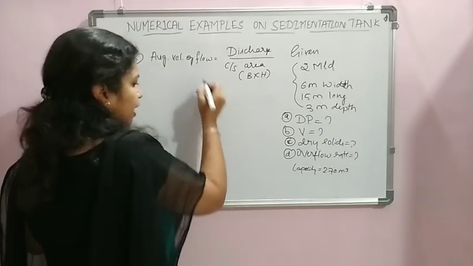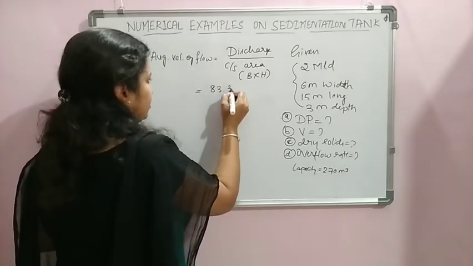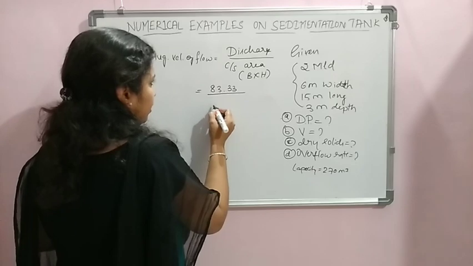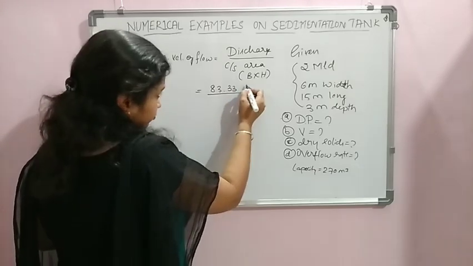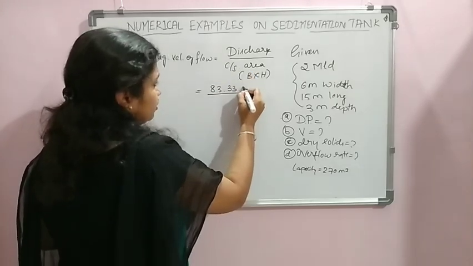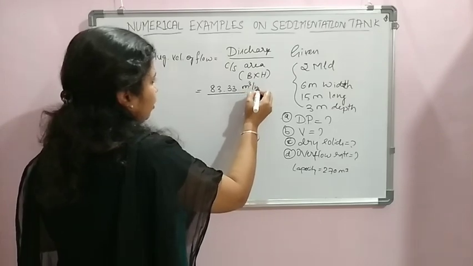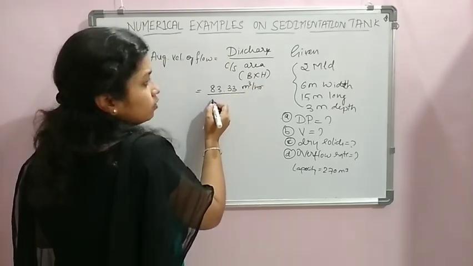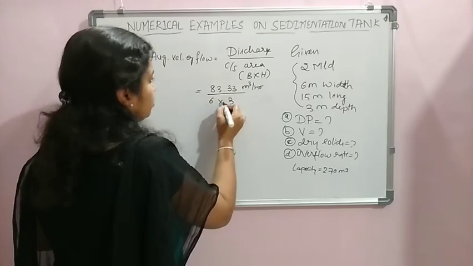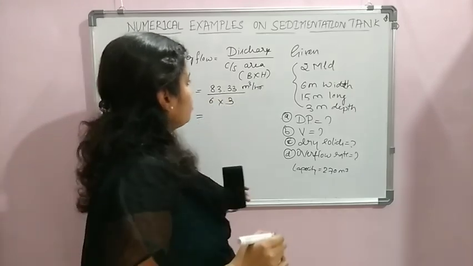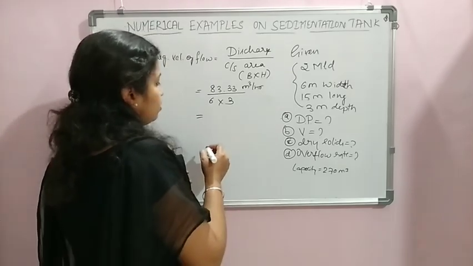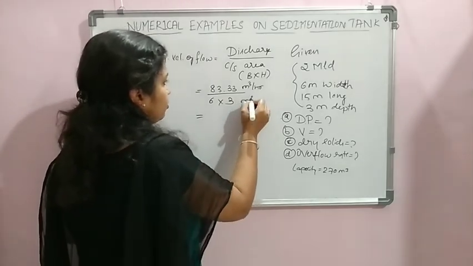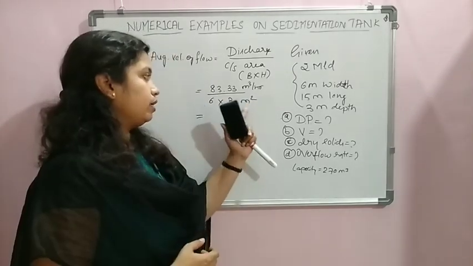So we have the discharge as 83.33 divided by, so this was discharge in terms of metre cube per hour. This is cross sectional area, that is 6 into 3. Before moving on, the unit is 6 into 3 metres square.